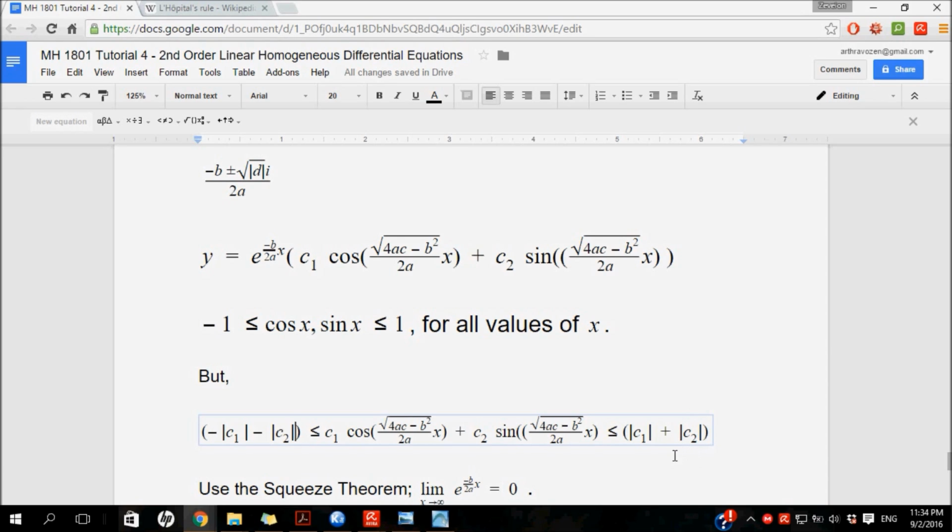Why is this the case? It is because C1 and C2 are arbitrary real numbers. They could be positive, but they also could be negative.